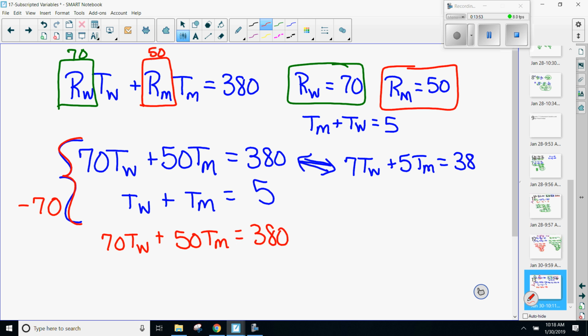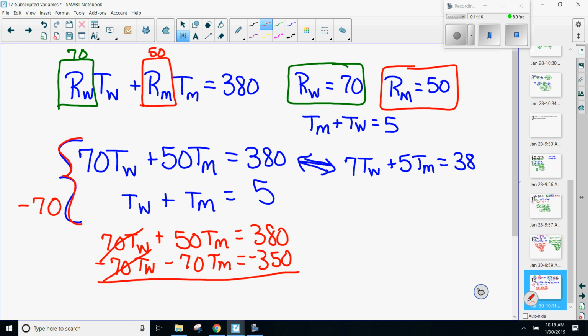What does this bottom or second equation become? Minus negative 350. So Wilson's time cancels out.